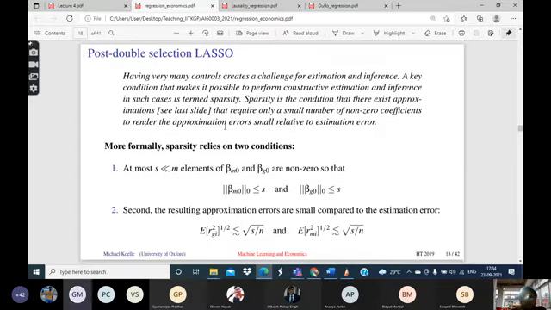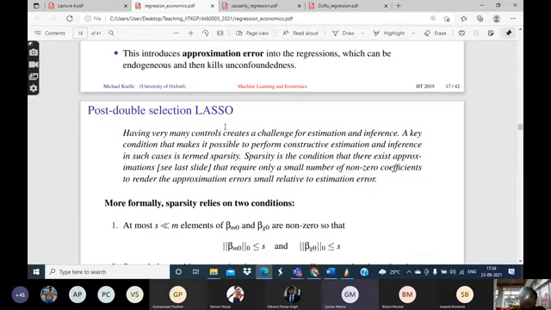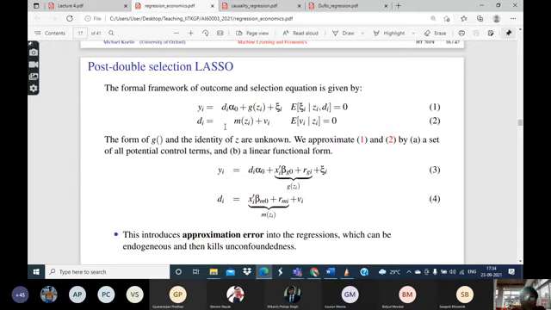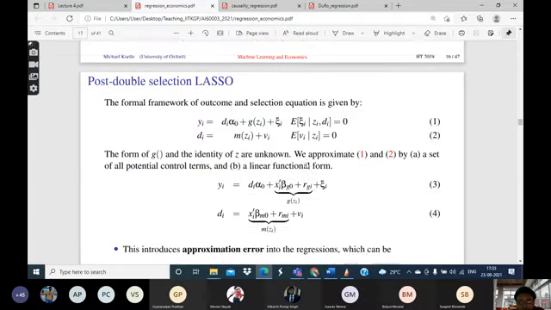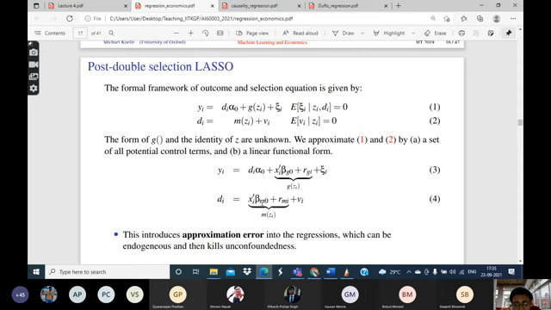Why does this double lasso actually work? What single lasso, or the usual lasso, does is, if you have a large number of potential features, it tries to make most of these coefficients 0.